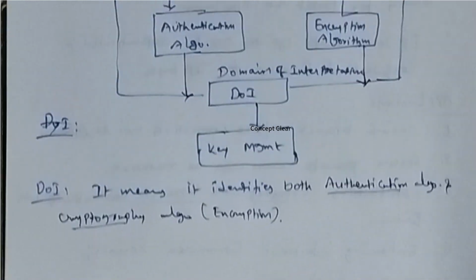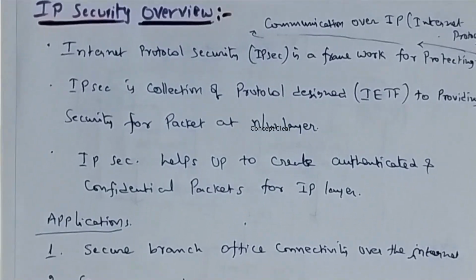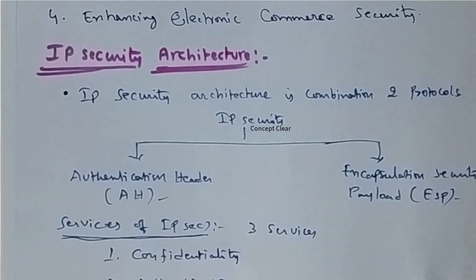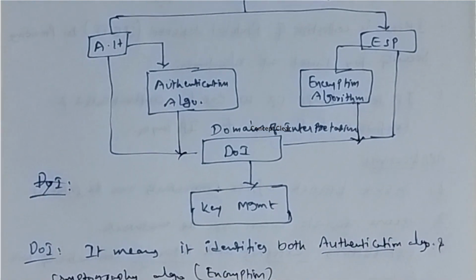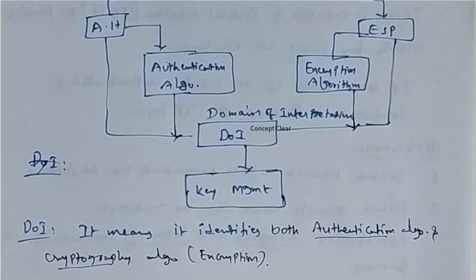This is the overview of IP security architecture. We will discuss each block of the architecture separately. Authentication header is used for providing integrity and authentication. This is about the architecture. We will see the next class.